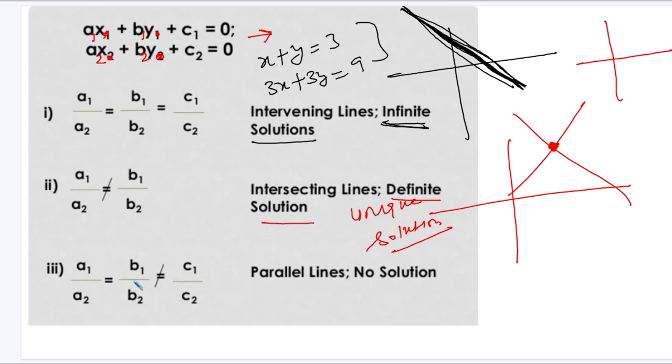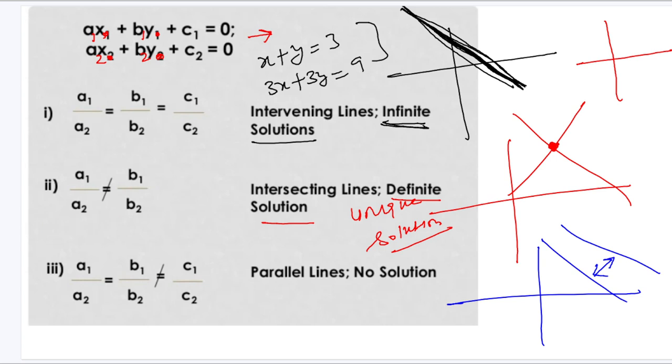And the third case is when you have a1 over a2 equal to b1 over b2 but not equal to c1 over c2, then you will have no solution. It means the lines are parallel lines. Parallel lines are those lines which never meet. The gap between them remains constant throughout.